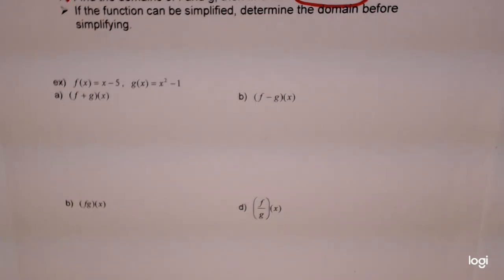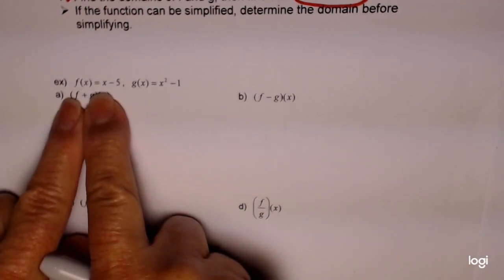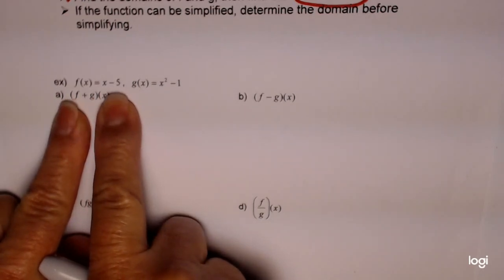Okay, so let's take a look at an example of putting together two functions using this idea of combinations, or our algebra of addition, subtraction, multiplication, and division. In this first example, we're given two functions. f of x is equal to x minus 5, a simple linear function, a straight line.